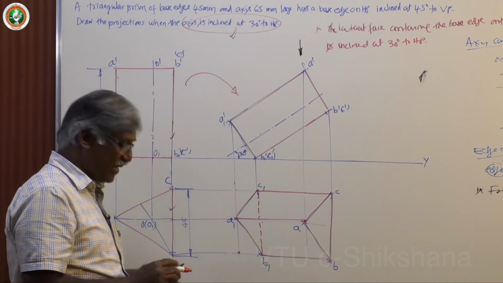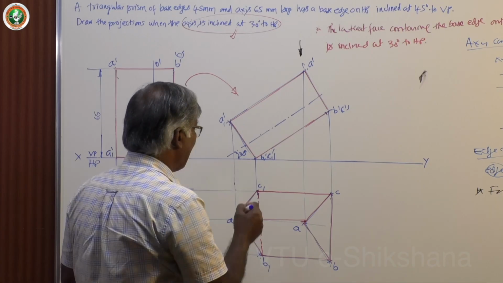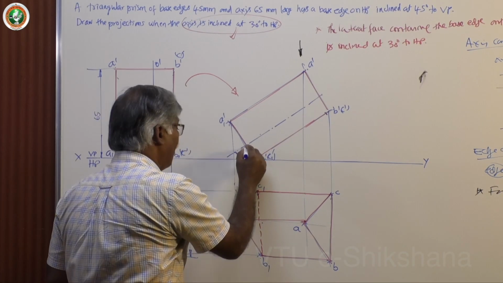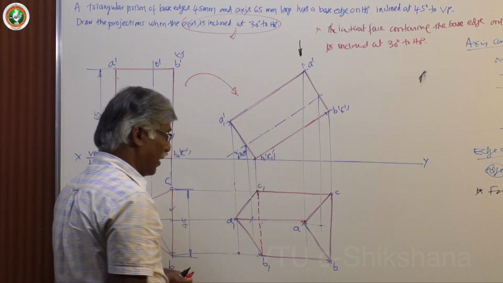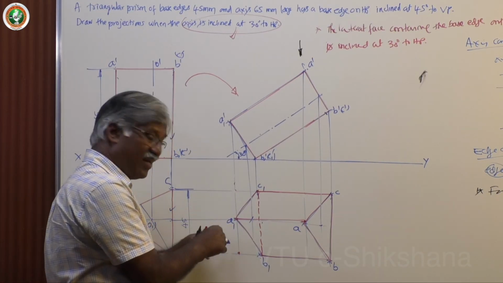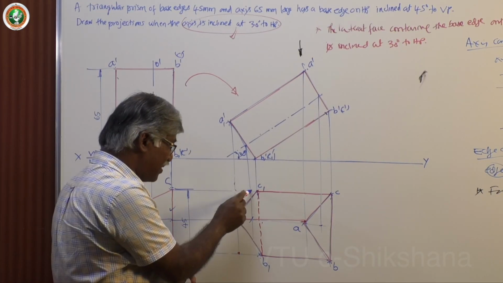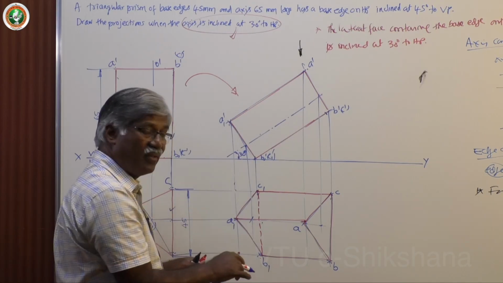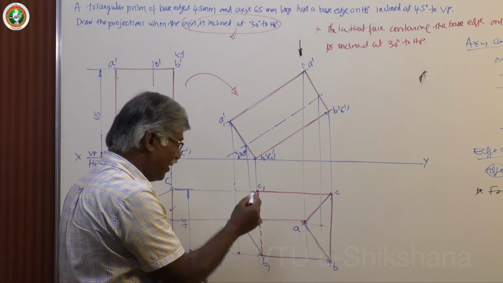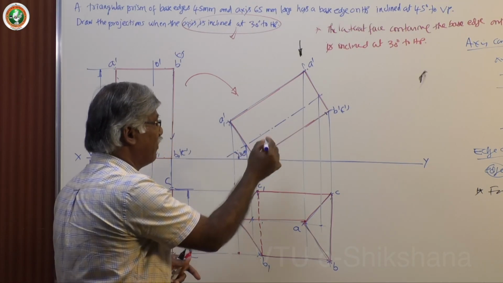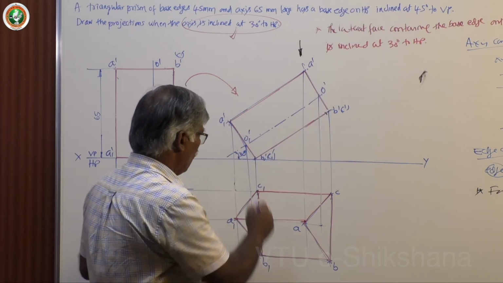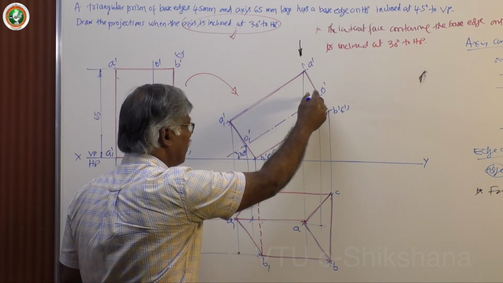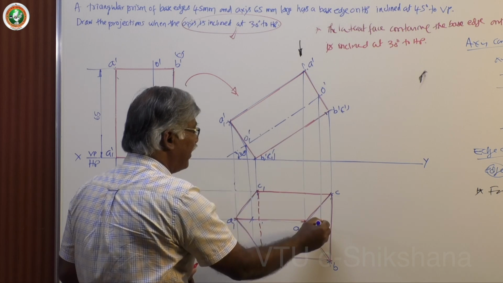Now what about the axis? Try to complete the axis at the end. I will tell you why you are not supposed to do it at the beginning. In a hurry, as I did at the beginning, you could have taken C somewhere here and joined. So here you avoid projecting axis end points. That's why I have not even named them. Take O1, project it now and then identify.